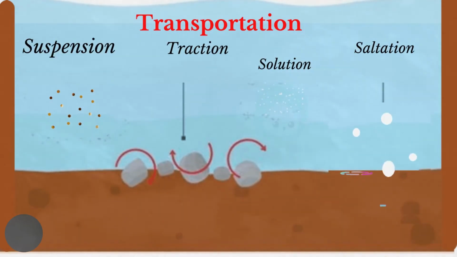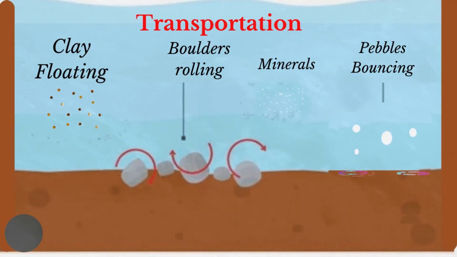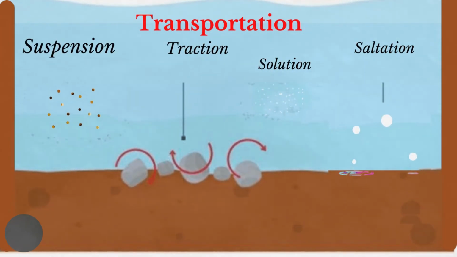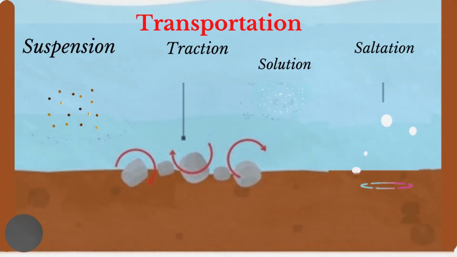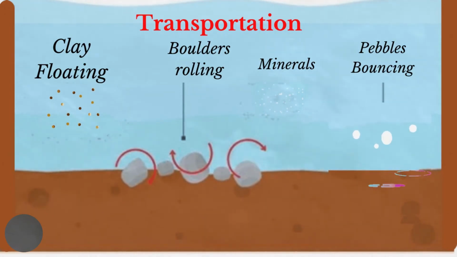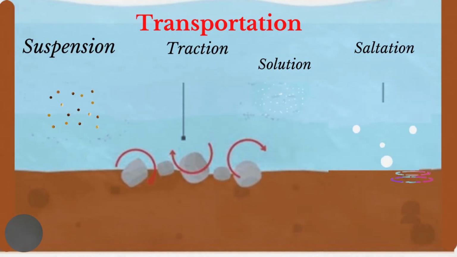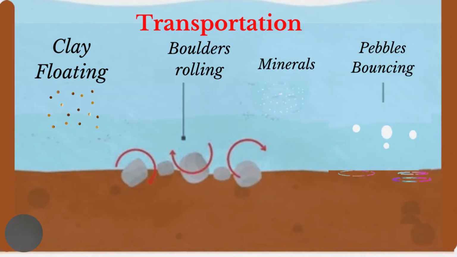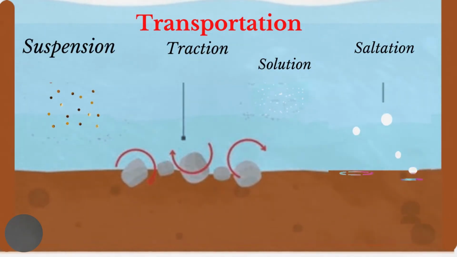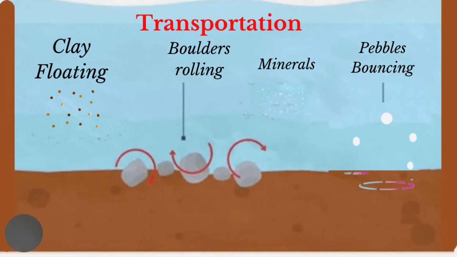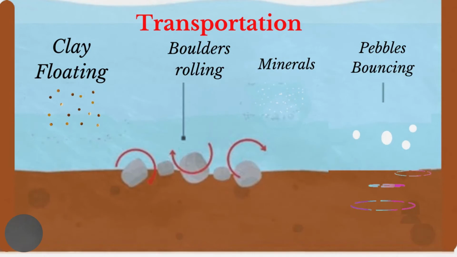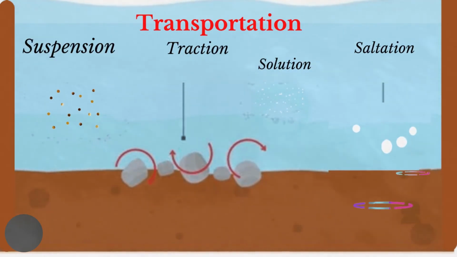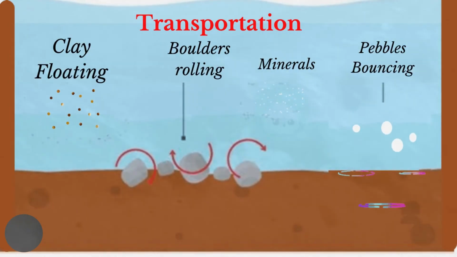All right, so when we look at clay-sized sediments, we said that even though they are difficult to be dislodged, once they are dislodged and they become a part of the water, they are so light that it's easy for the water to transport them over long distances. So they will float in the water.